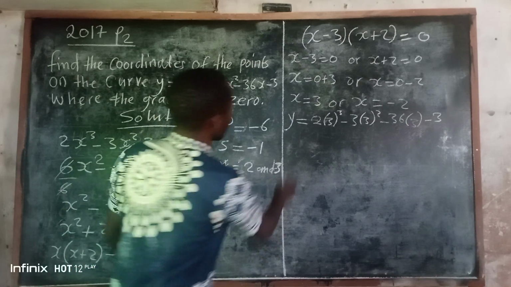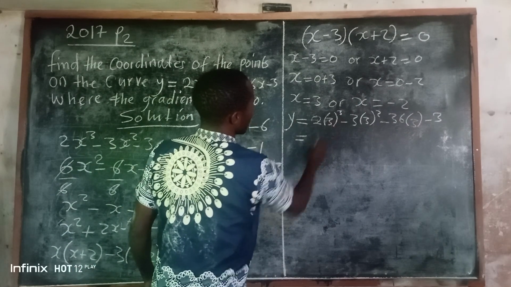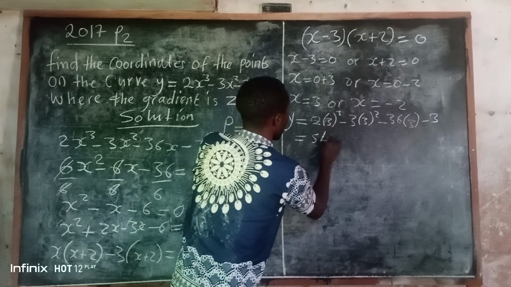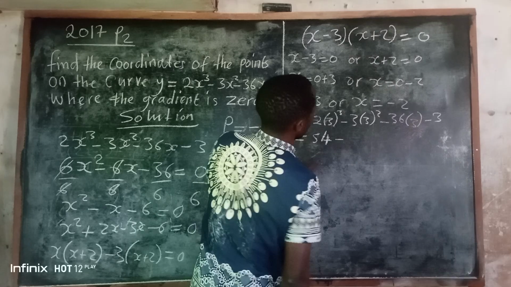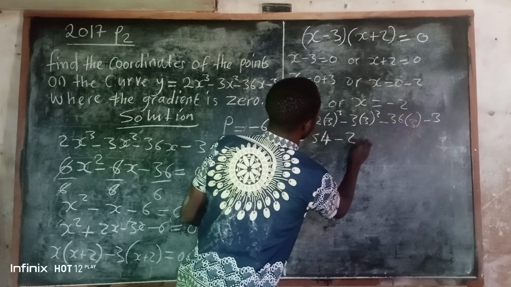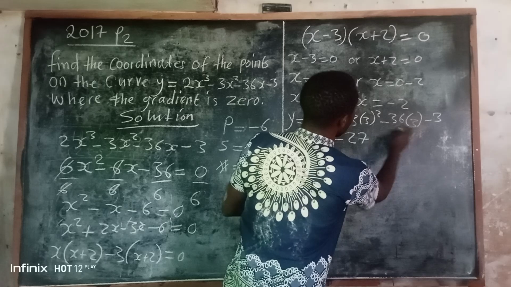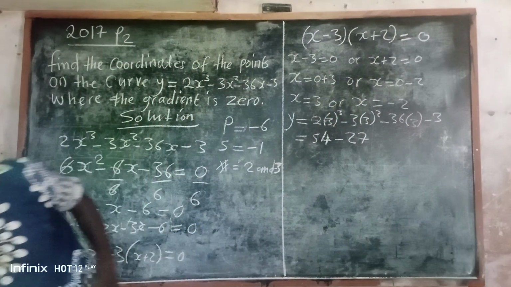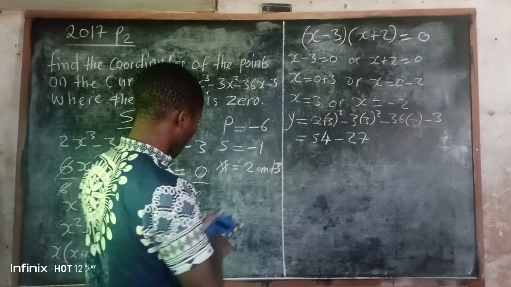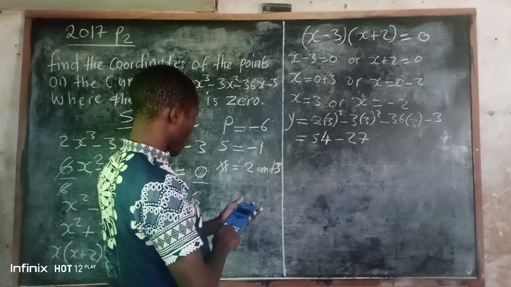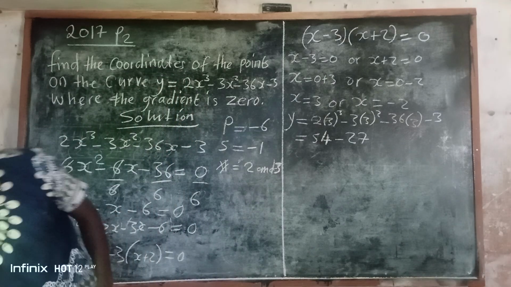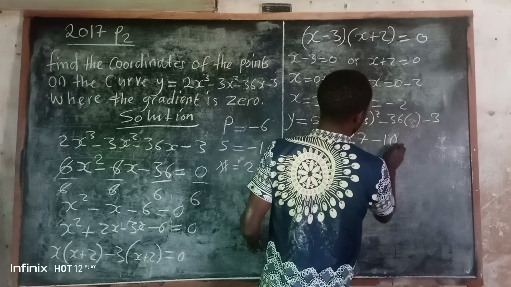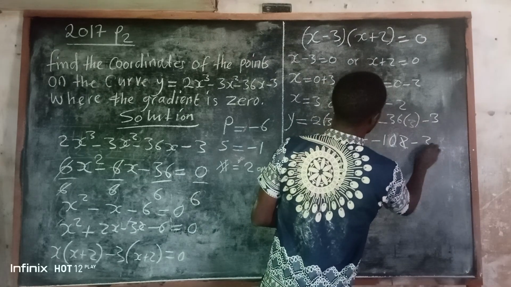Okay? Then let's simplify. So this is 27. 27 times 2, 54. Then minus, this is 9. 9 times 3, 27. And this is, when we say 36 times 3, the answer will be 108, minus 108, minus 3.